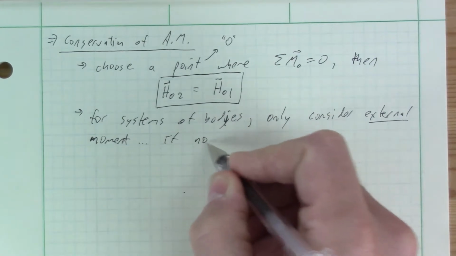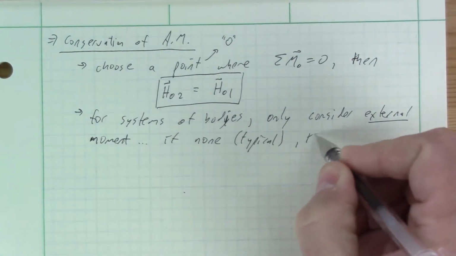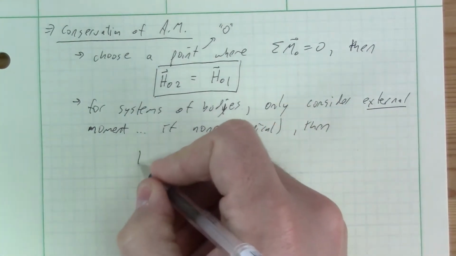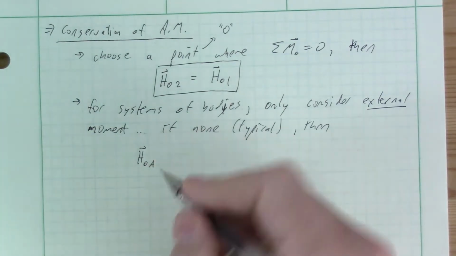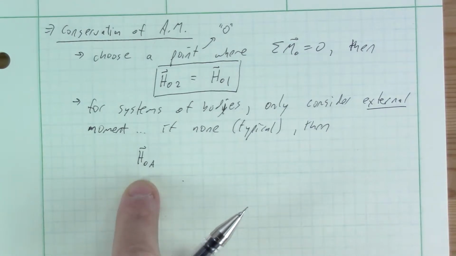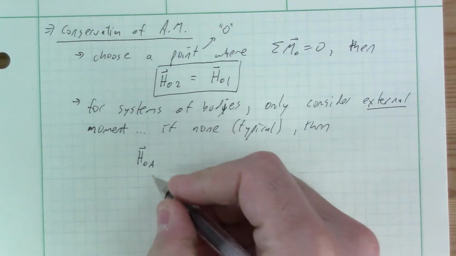If there are none, which is a typical occurrence and what we are looking for, then what we get is this. There's a lot going on here. This is the angular momentum about point O, our calculation point, that fixed point O, for body A at state 1.